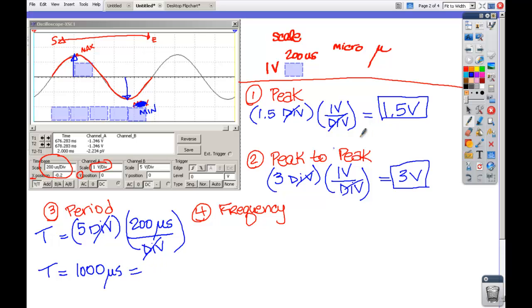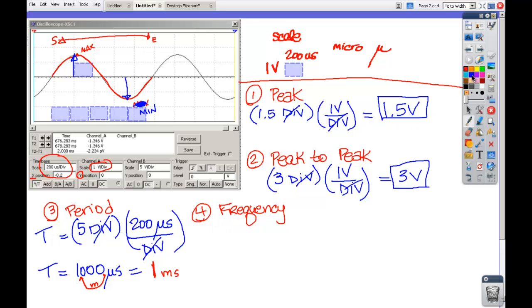But that can be better written. Decimal point is here. I'm going to move it one group of 3. And if you remember, one group of 3 to the left would take me from micro to milli. So the right answer, written in the best way, would be 1 millisecond.